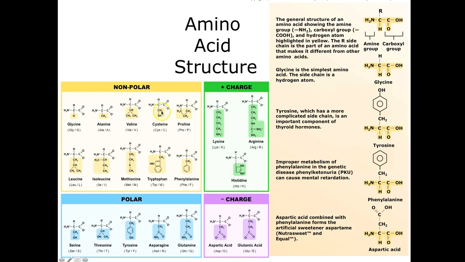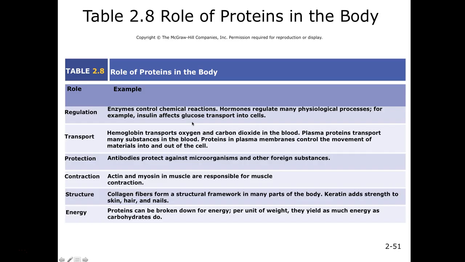So it's going to change with every different type of amino acid that can be made. I won't have you memorize these different amino acids. That's more for a biochemistry course. But know that these amino acids will link to one another with peptide bonds.